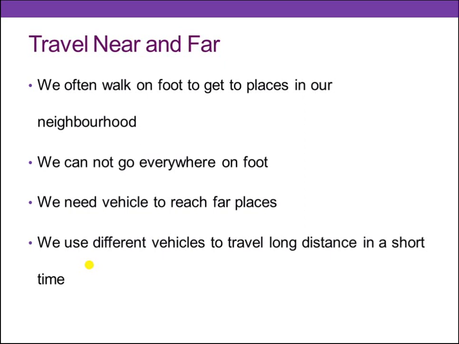We use different vehicles to travel long distances in a short time. To reach the place in a short time, we use different vehicles, and some vehicles are slow, some are fast and some are very fast. These kinds of vehicles we are going to learn next.